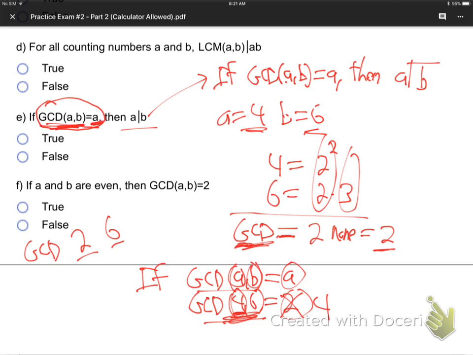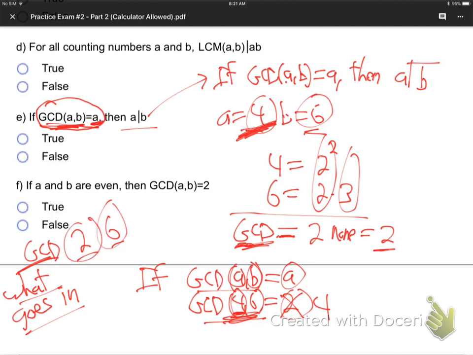GCD is what goes in, the greatest thing that goes in. So the greatest thing that goes into 4 and 6 was 2, and that's not the first number. But the greatest thing that goes into 2 and 6 is also 2, and that is my first number, so that'll work.